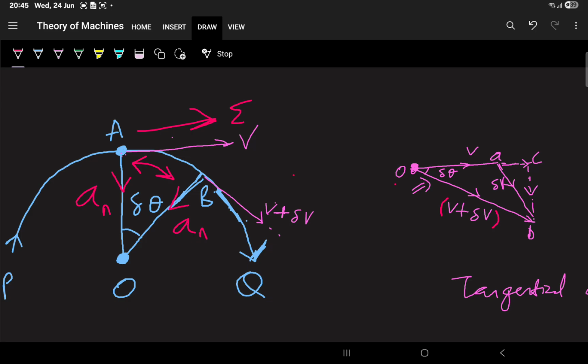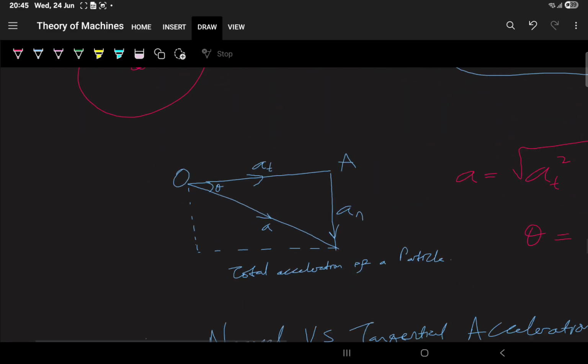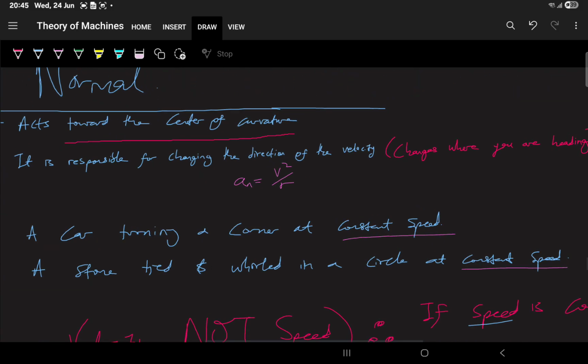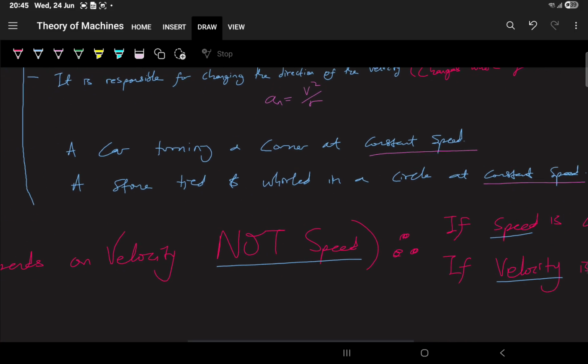Now the direction is moving here, let's say southeast. So just to give a picture, an idea of what's going on here. So I simply put, it changes where you're headed.